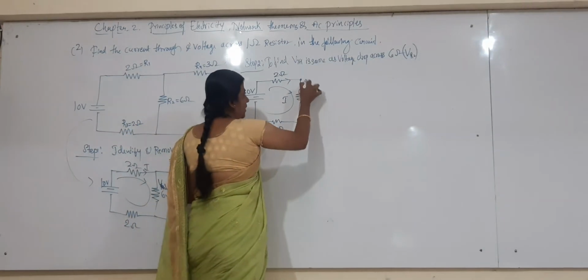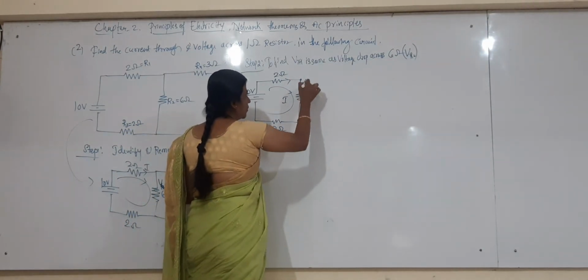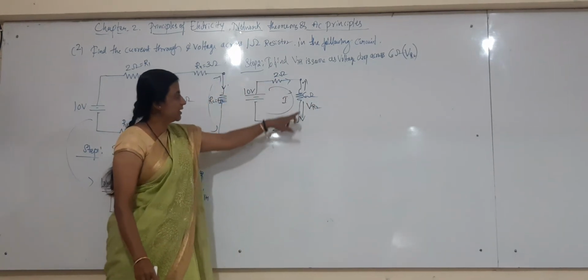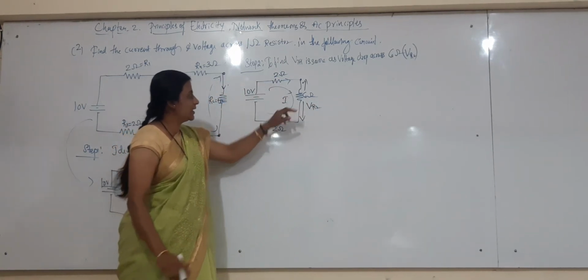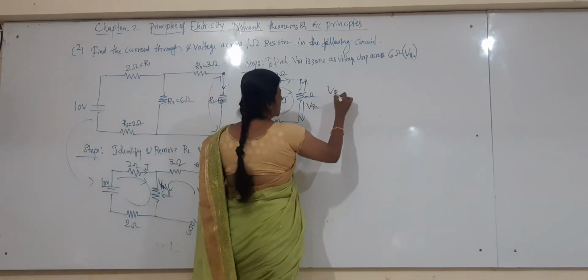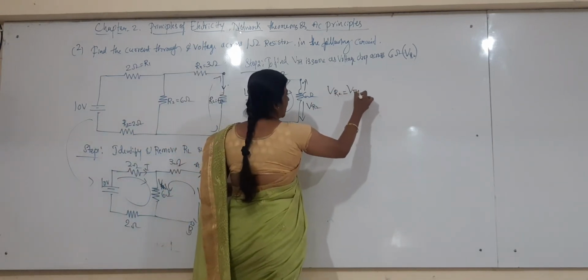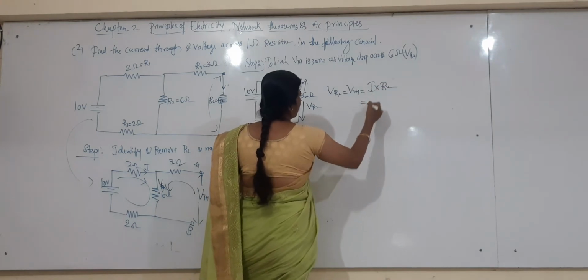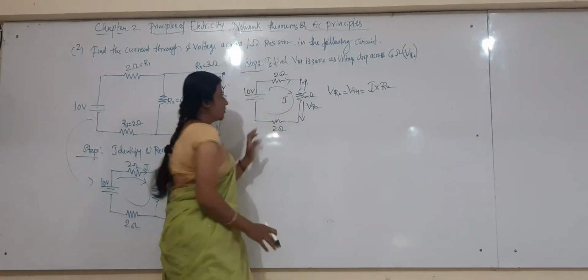So VR2 is nothing but VTH, which is current into R2. First we need to find the current.